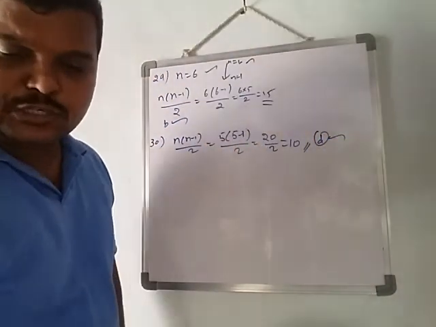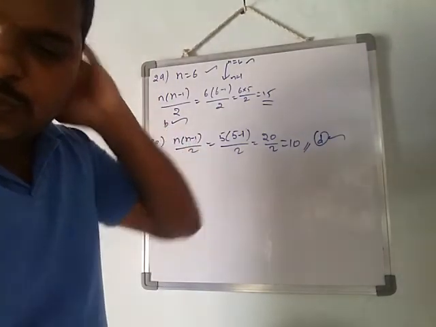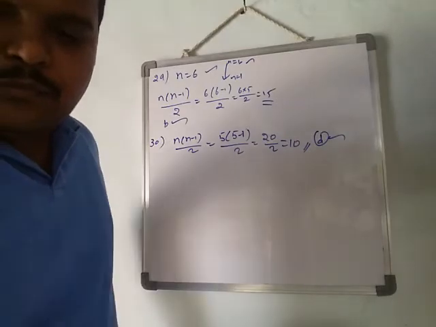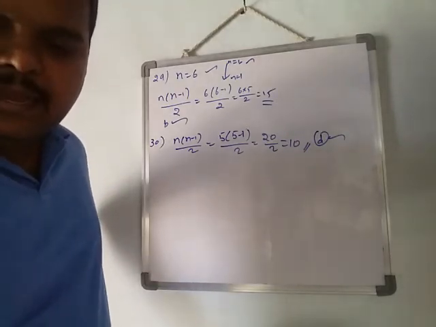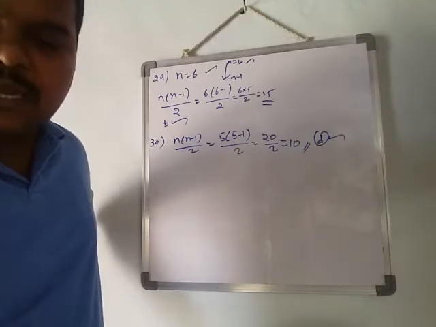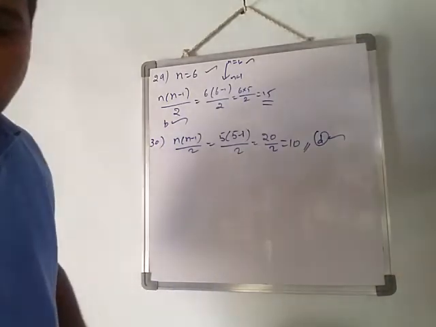Okay. Next question 31. What is the color corresponding to the wavelength of light emitted when the electron in a hydrogen atom undergoes transition from n equals 4 to n equals 2?